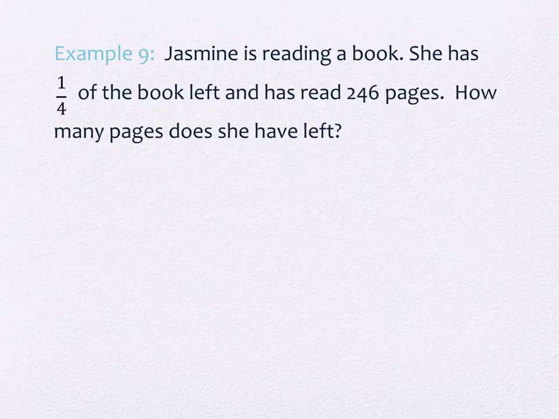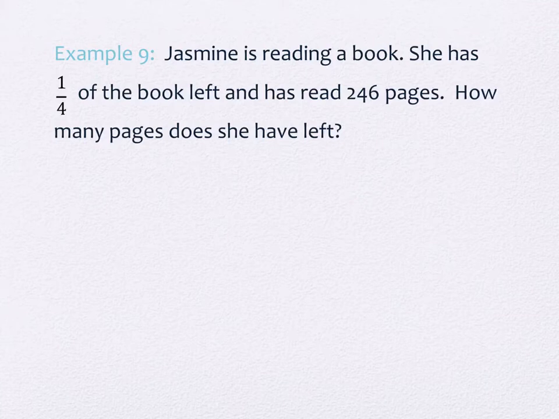So you might imagine that Jasmine is reading a digital copy. A lot of times when you're reading something digitally, like on a Kindle device or on an iPad device, you don't see page numbers the same way. You just see a virtual bar of how far you've progressed along with the book. That's the idea here. So we know that Jasmine has 1/4 of the book left, and we know that she's read 246 pages.